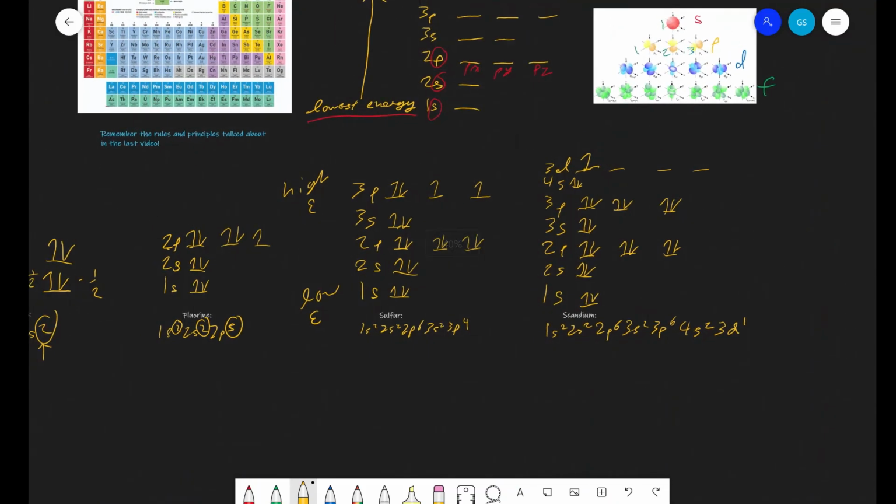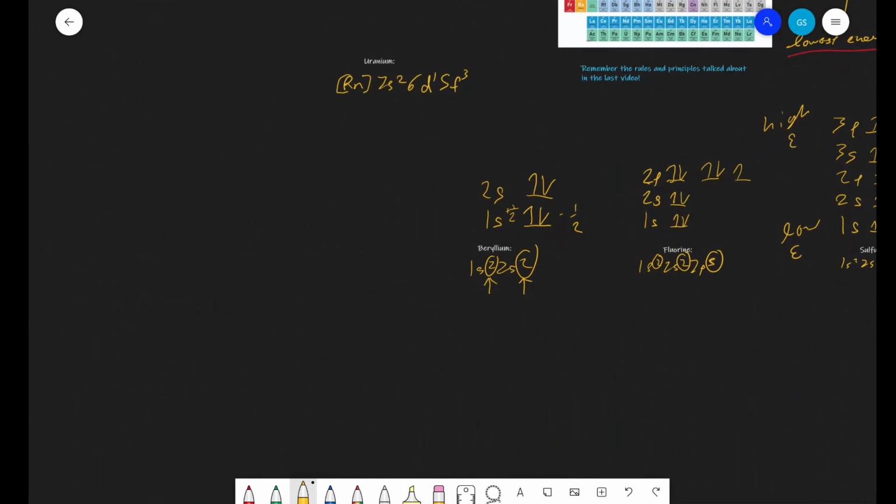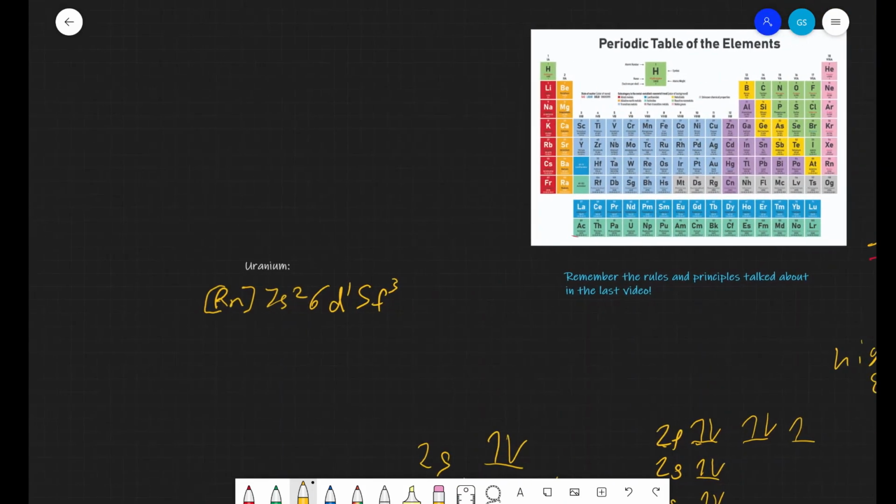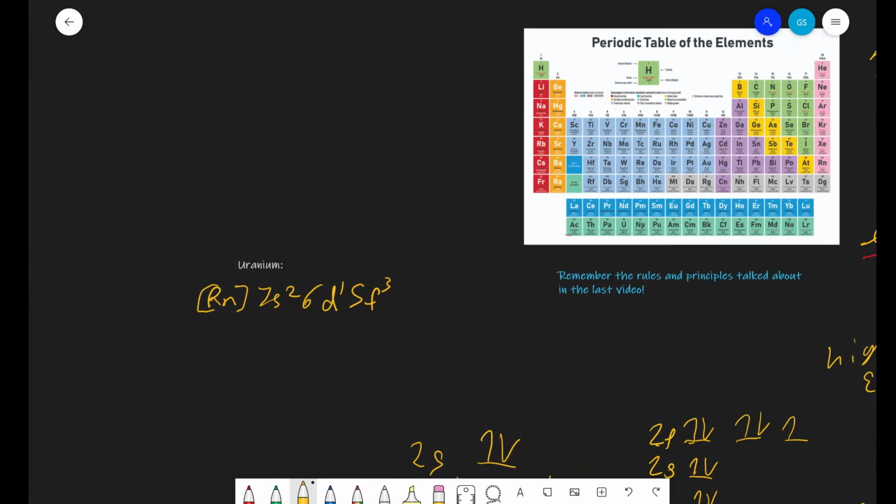I have one more, a challenging one. Let's say I asked you to do uranium, because I like torturing you, and uranium is right over here. Now, I learned this in my chemistry class, and I'm not sure if this is technically the correct convention. I think for energy level diagrams, you can't do an abbreviated version.